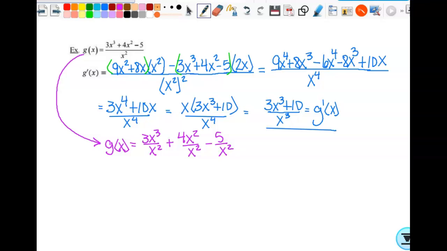So still haven't taken the derivative yet. I'm still working with g. That makes this 3x plus 4 minus 5 times x to the negative 2 power. So now, when I take the derivative, the g prime of x is equal to what? Oh, wait. Did I do that wrong?